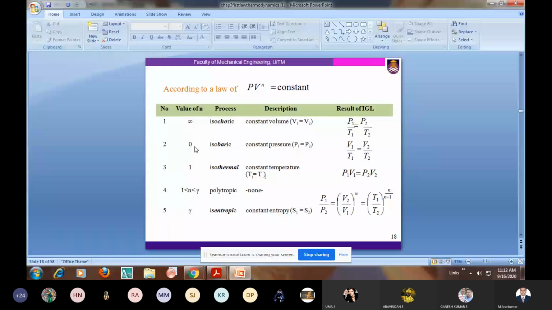So if the n value is given, we can take the n value and apply it in this formula.